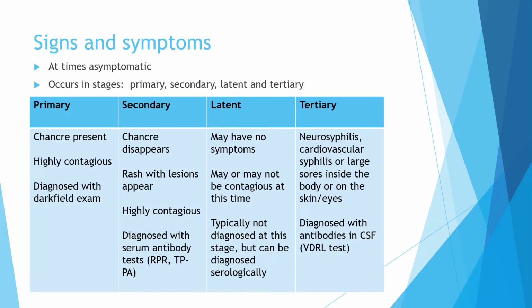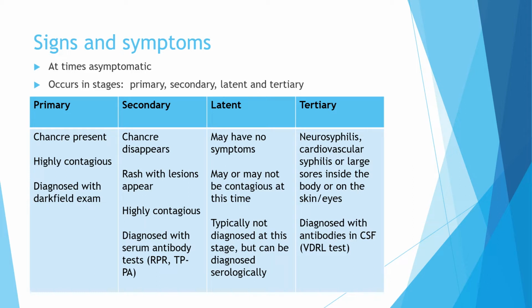There are 4 stages of syphilis, and these stages are called the primary stage, the secondary stage, the latent stage, and the tertiary stage. In primary syphilis, this is a stage that lasts for about 1 to 5 weeks. There is a sore known as a chancre present on our patients. It is contagious, and it usually appears about 10 to 60 days after contact with an infected person.